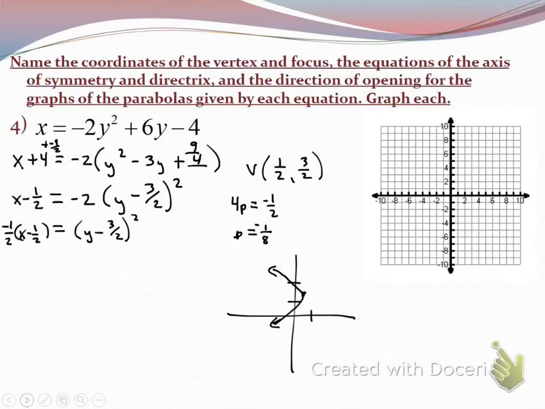Does that make sense, guys? Okay. So our vertex is sitting at 1/2 comma 3/2. What is 1/8 less than, our height doesn't change. So what's 1/8 less than, well, isn't 1/2 4/8?